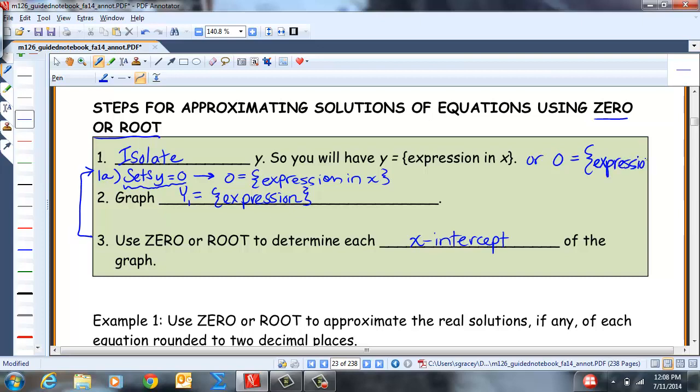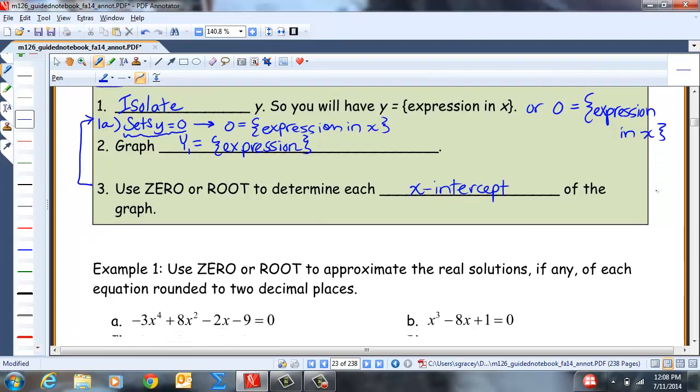So the first case is where you have a y as part of your equation. If you only have an equation in one variable, then you would get 0 on one side and you'd have your expression in x or whatever the variable is on the other side. So let's see what we have here.